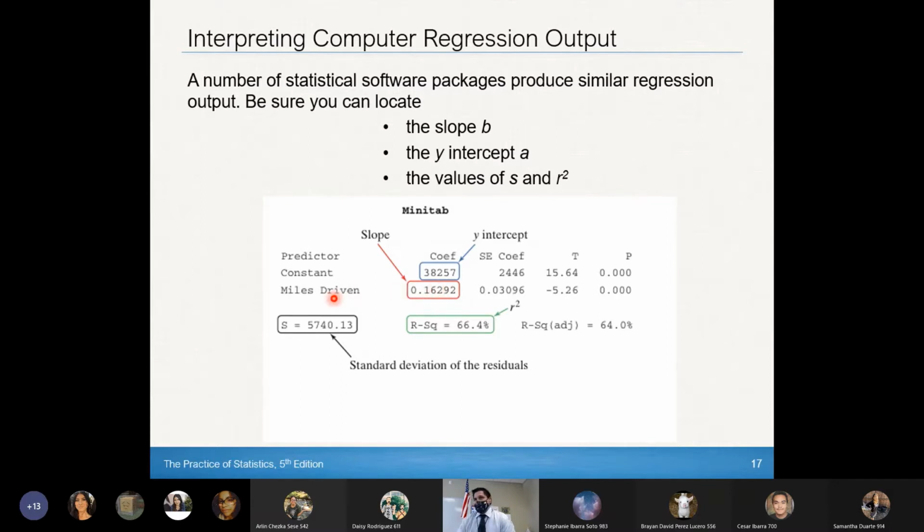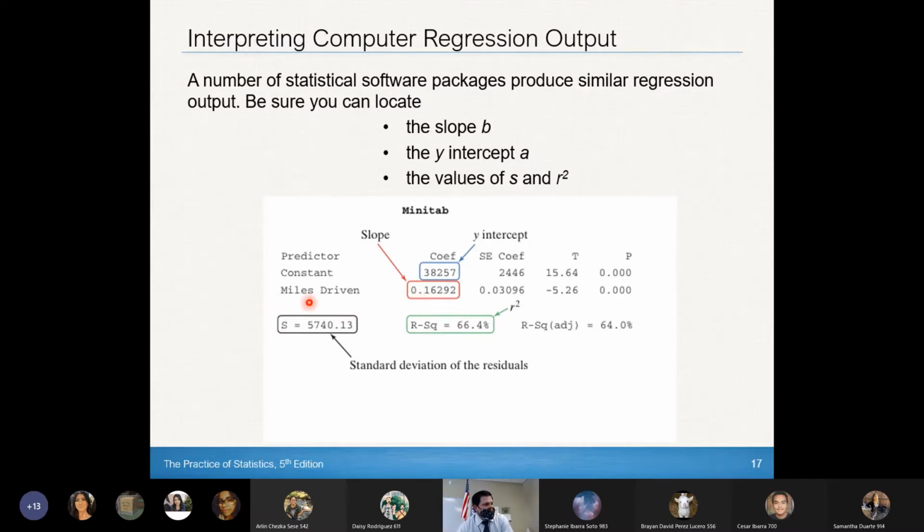This goes back to the context of the problem we saw yesterday with the used Ford F-150, where the price is dependent on the miles driven. So this is saying that per mile driven, the price adjusts by 0.16292. And that should be a negative. I'm not sure why there's not a negative on there.